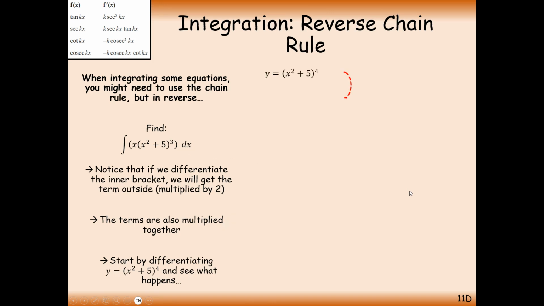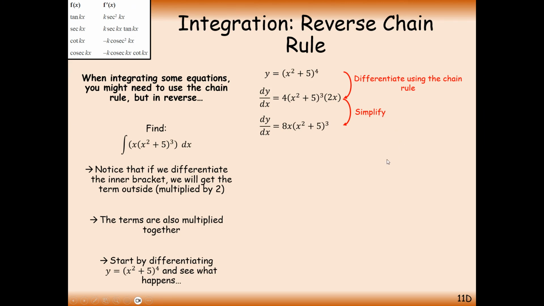What would the answer be? It would have been 4 at the front, power of 4 reduced down to 3, but we would have multiplied by the derivative of x squared, which is 2x. So we can bring out the constants at the front, and we see here the derivative of y being x squared plus 5 raised to the power of 4 is 8x.